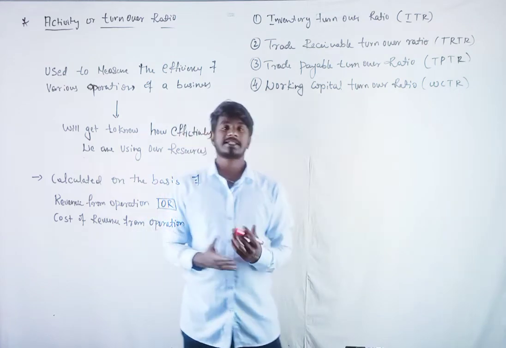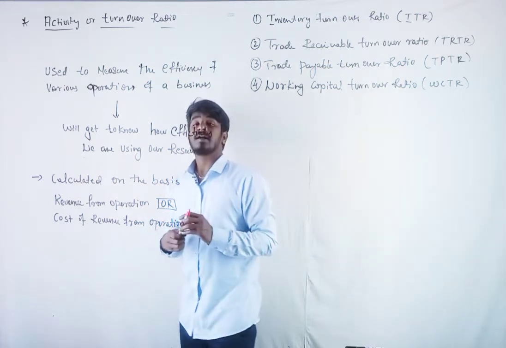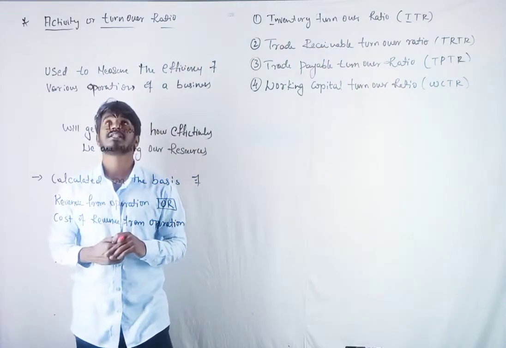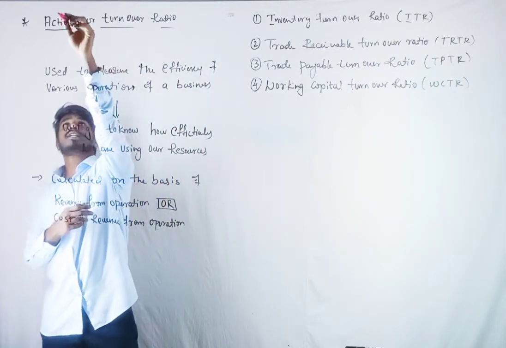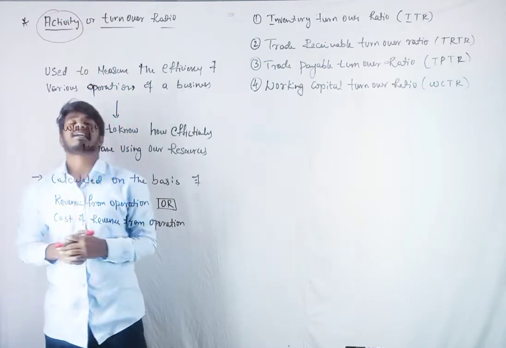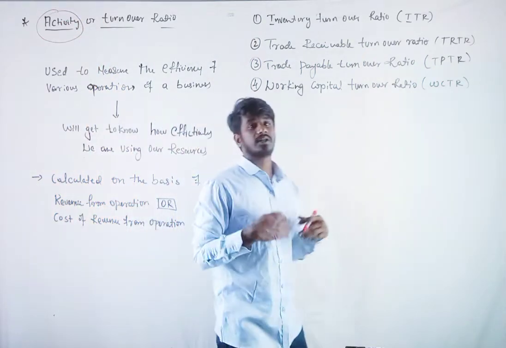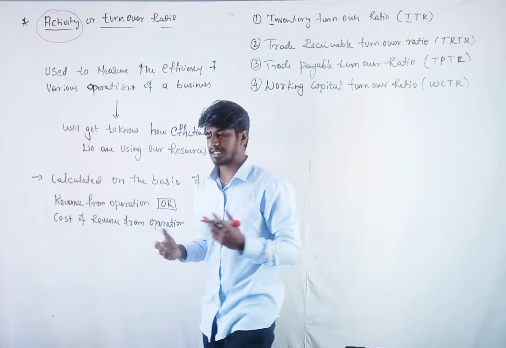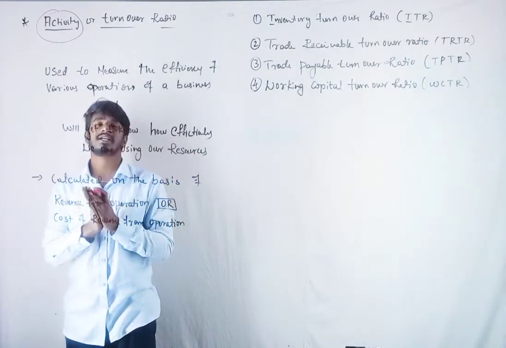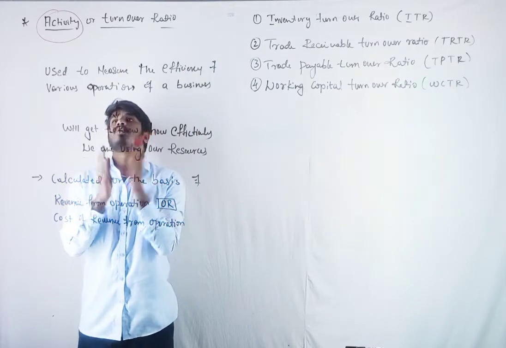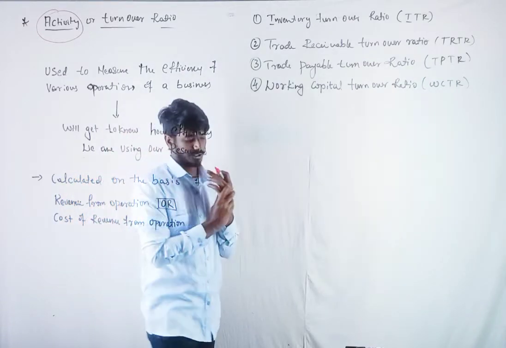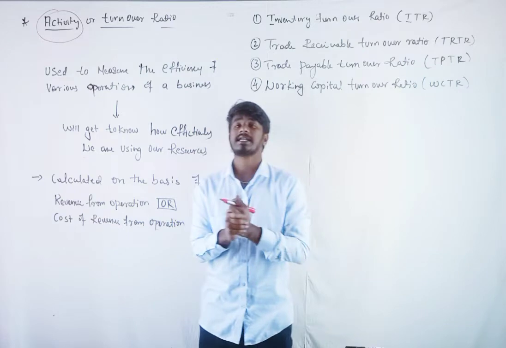Let us start another major ratio, activity or turnover ratio. What is activity? Activity is nothing but your sales, purchase, trade receivable, trade payable. These are the activities of a business in the normal course of business. Why will we use this ratio?